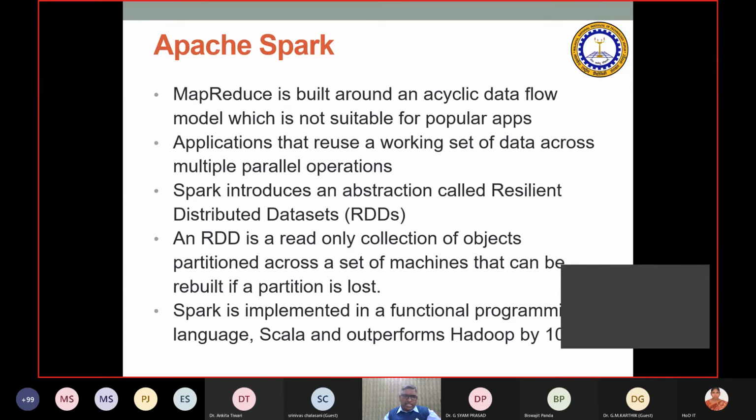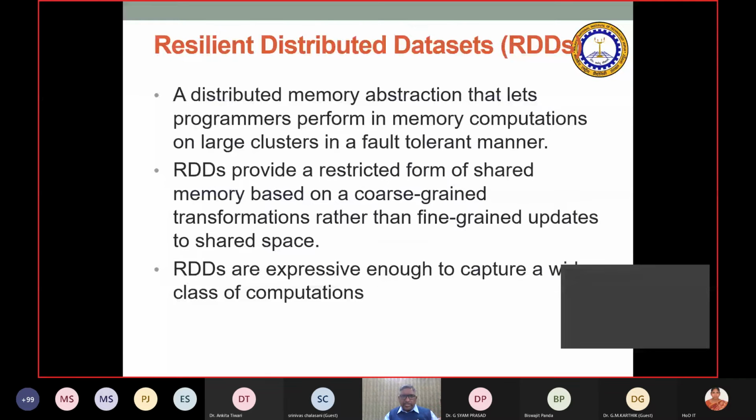So Spark introduces an abstraction called RDDs, Resilient Distributed Datasets, that can be rebuilt if a partition is lost. Spark is implemented in Scala, and it outperforms Hadoop by 10 times, right? So what is an RDD? A distributed memory abstraction that lets programmers perform in-memory computations on large clusters.